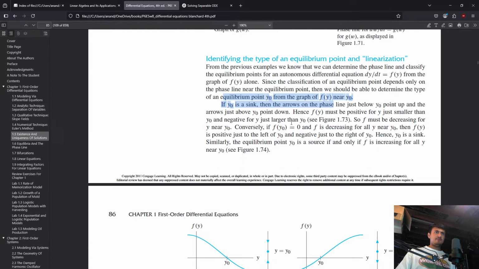Since f of y must be positive just smaller and negative for just larger, a sink corresponds to this.